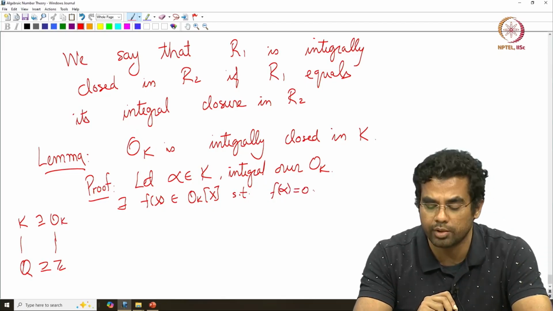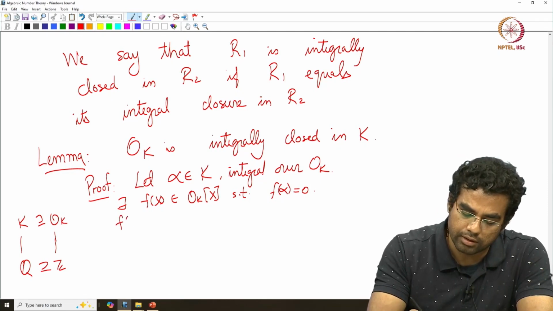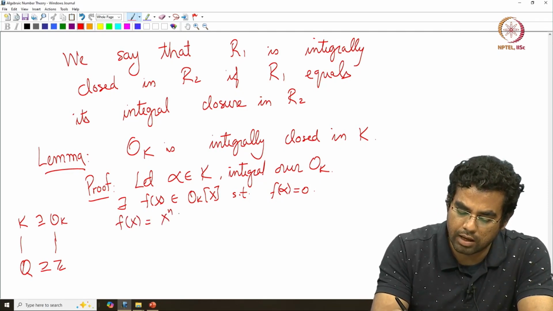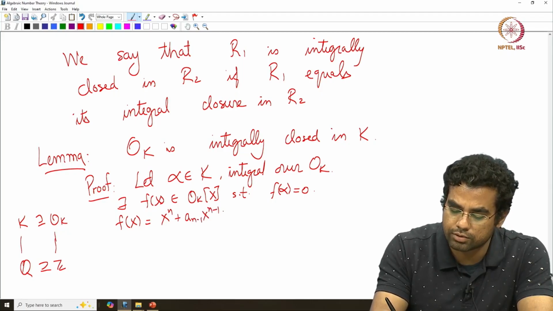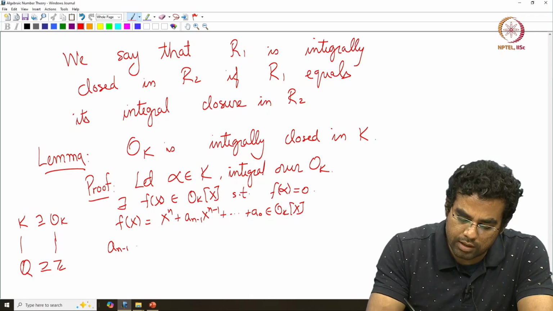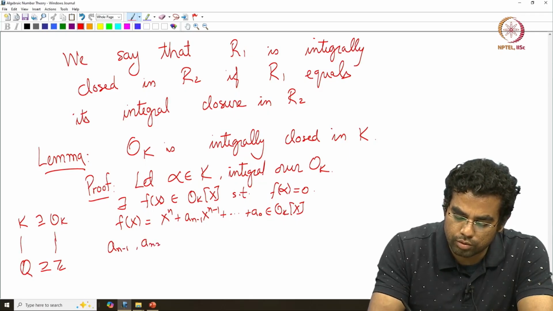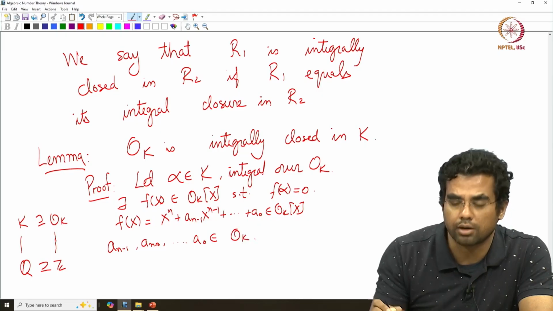That is what it means to be integral over O_K. So f(x) is monic, so f(x) is x^n plus a_{n-1} x^{n-1}, and so on up to a_0, in O_K[x]. All right. So this means that a_{n-1}, a_{n-2}, etc. up to a_0, these are all in O_K.